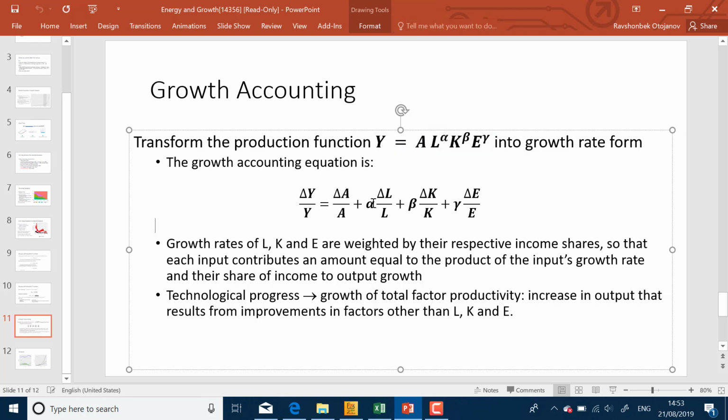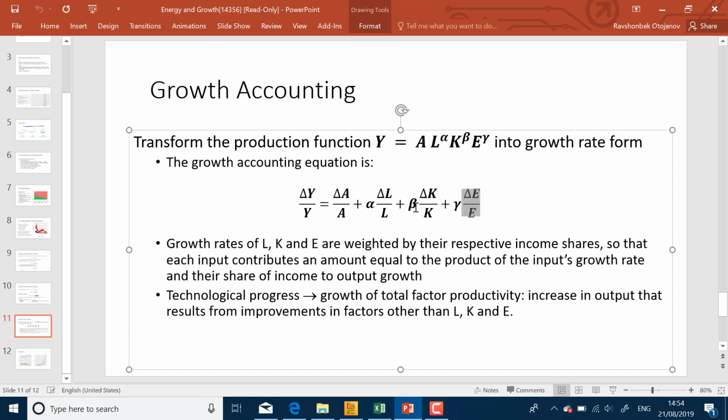As you can see, alpha, the share of factor income, labor income in the total output, is basically the fraction of income paid to factor owners. So the percentage changes in factors are then weighted, and you can think of it as a weighted sum of these factor growth rates.